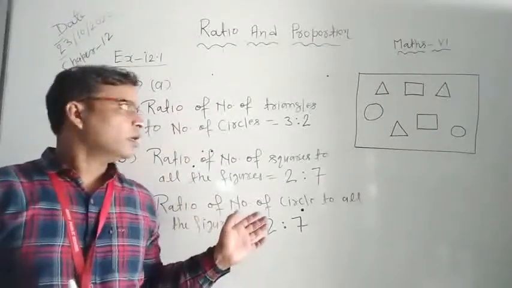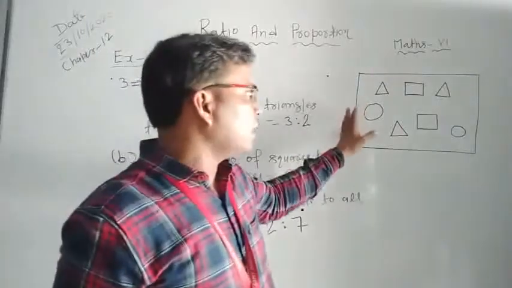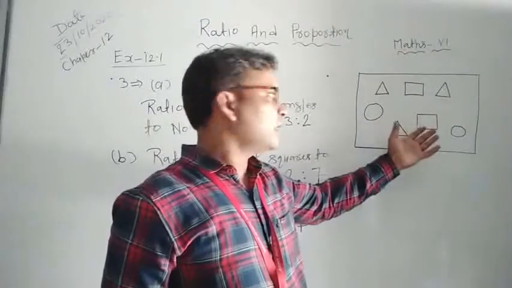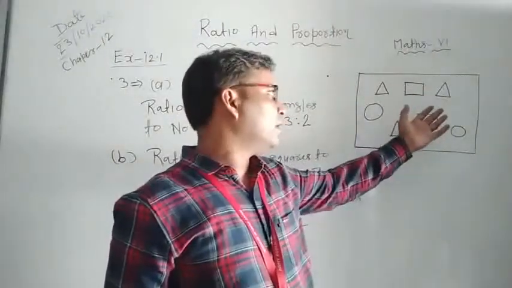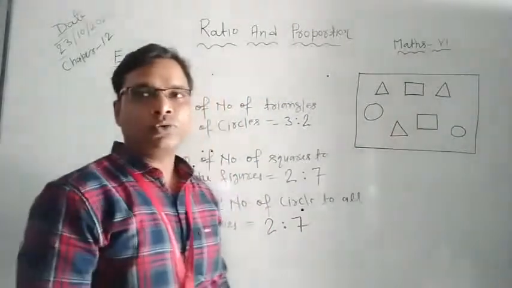Okay, in this question, this is the given rectangle with figures inside. Here are 7 figures: 3 triangles, 2 squares and 2 circles.